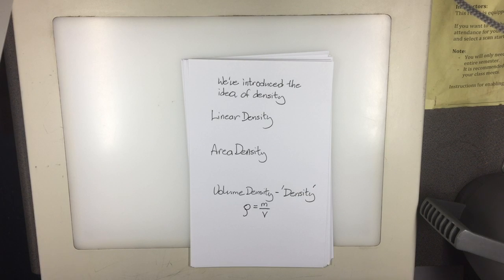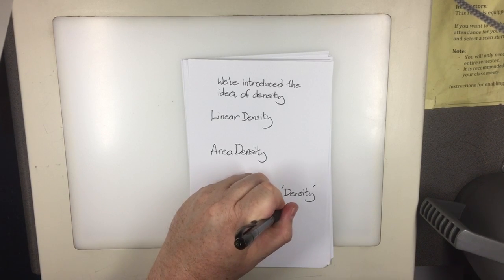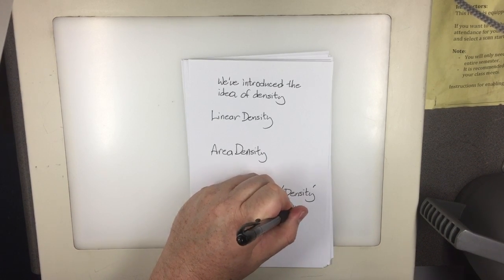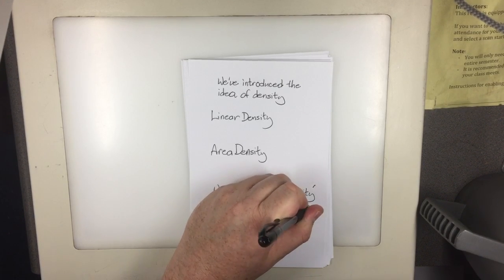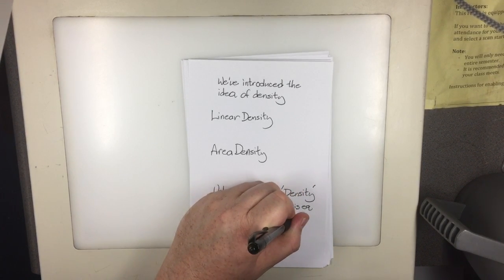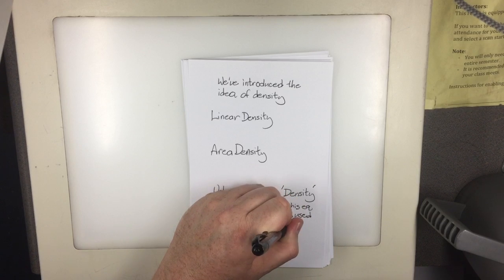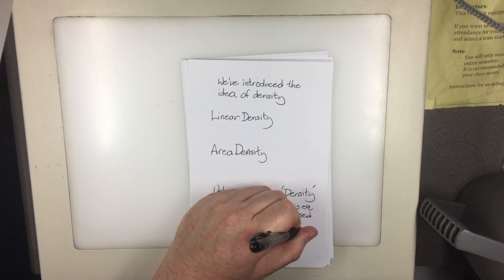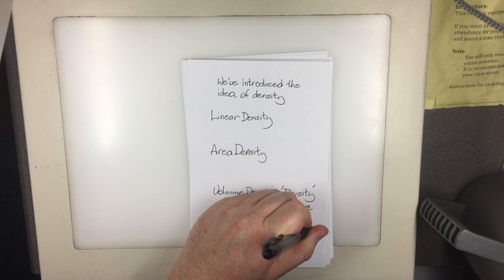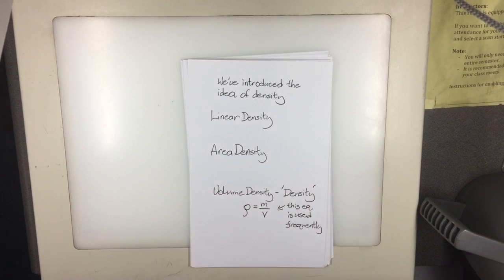When we're doing problems with fluids, this equation is used frequently. A lot of times you do these problems and you get to a point where you're like, I don't know what to do.